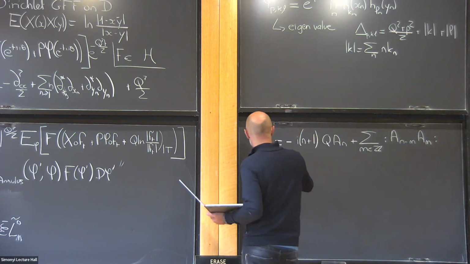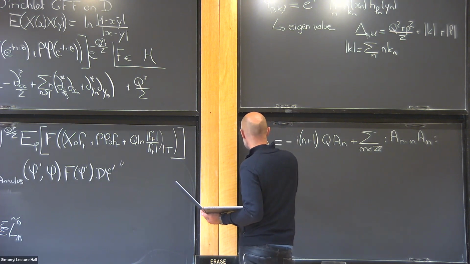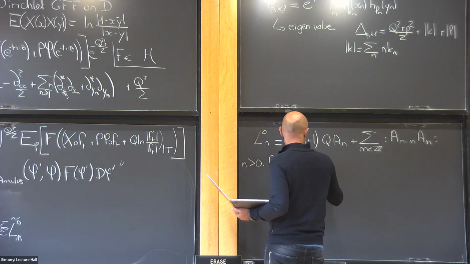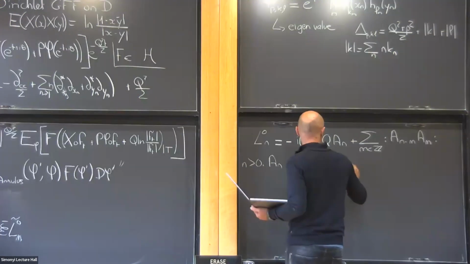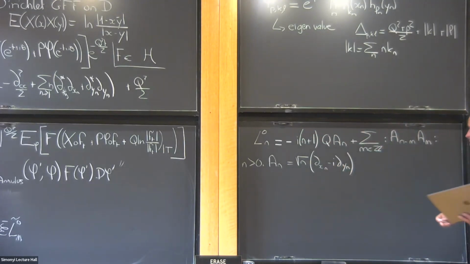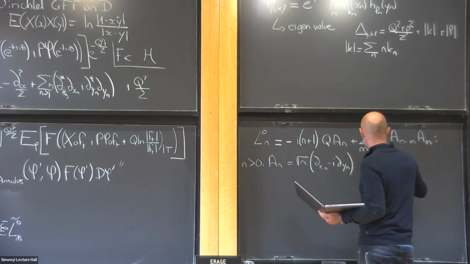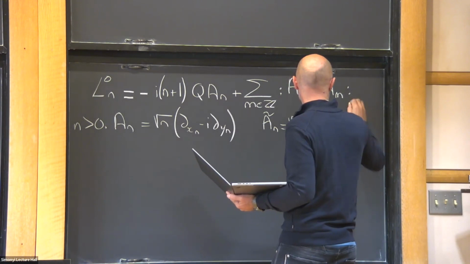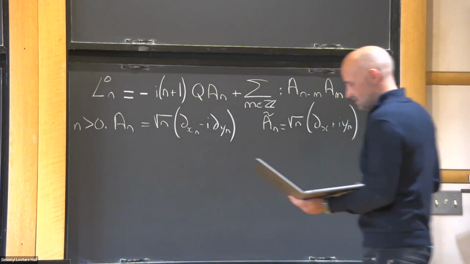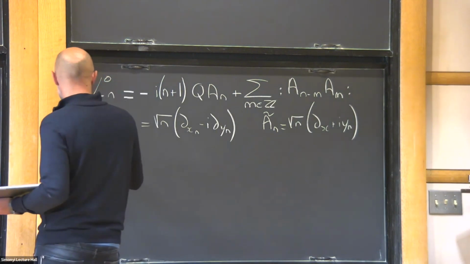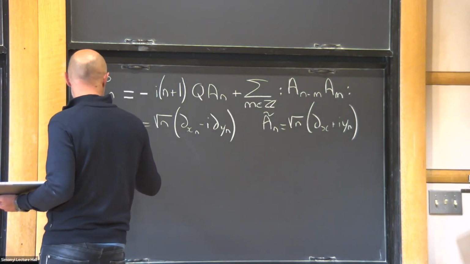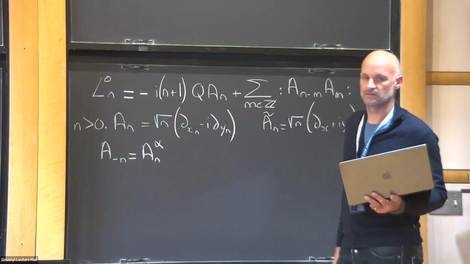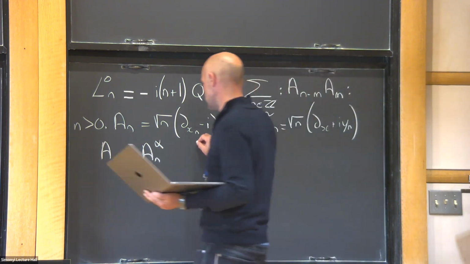So what are these A_n? For n positive, these A_n are just expressed in terms of the partial derivative with respect to the coordinates. A tilde is the same stuff with the plus. And then this gives you the values of A_n for negative n, same for A tilde.